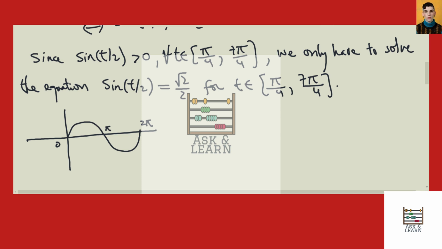And as we are here, we know that we only need this part of the graph, we don't need this part here. And we are looking for the angle whose sine is square root of 2 over 2. Let's say square root of 2 over 2 is something like here.